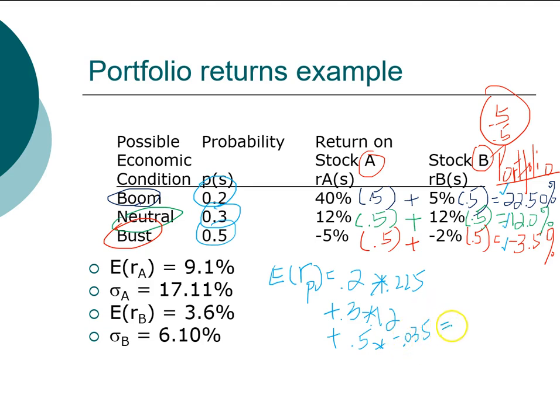So the way that you compute the expected return is exactly the same as you would when computing the expected return for a single stock. So the expected return for the portfolio is 6.35%.